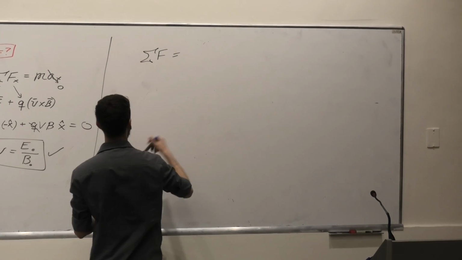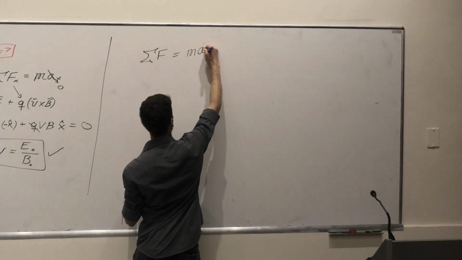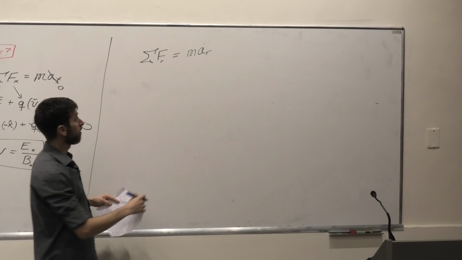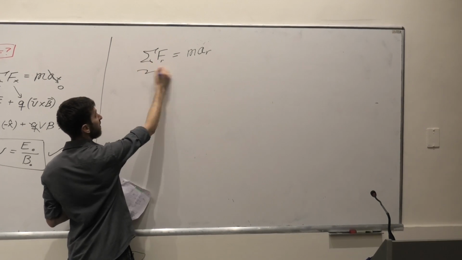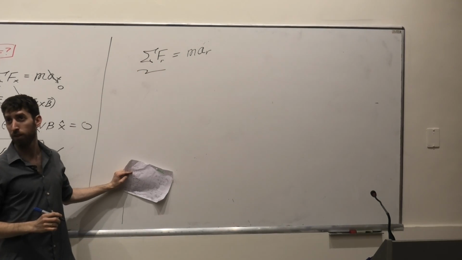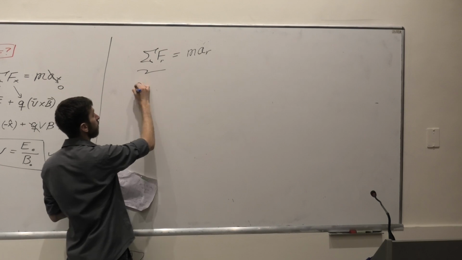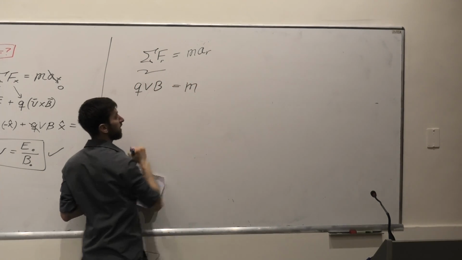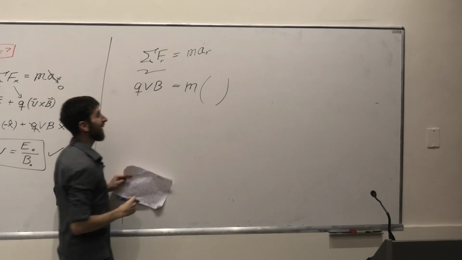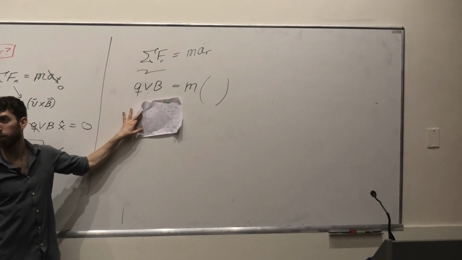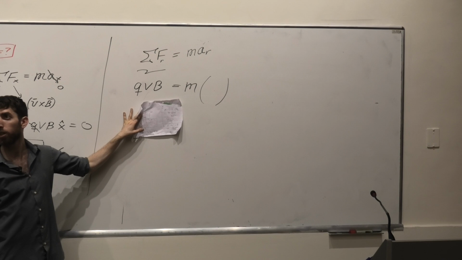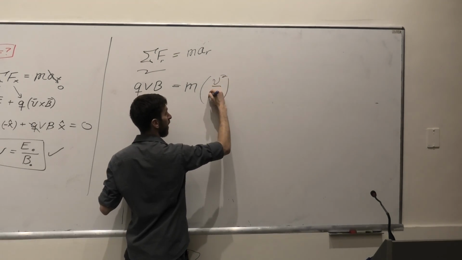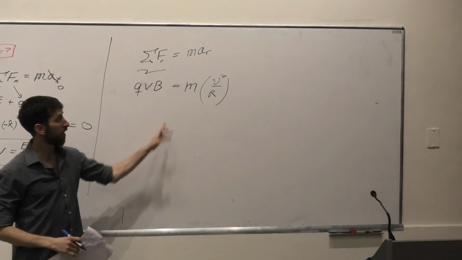So for that reason, I'm going to choose this kind of coordinate, the radial coordinate, right? So what are the forces that I have in this region? Only magnetic. Right now there's no electric field, okay? M is still alive, and what is the acceleration when I'm doing a circular motion? Yes, it's V squared divided by R, the radius, right?